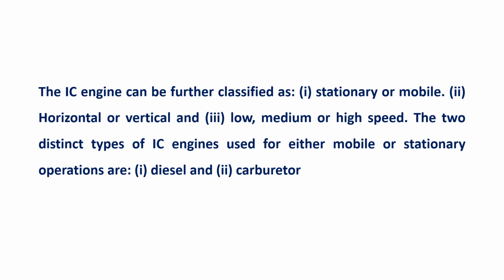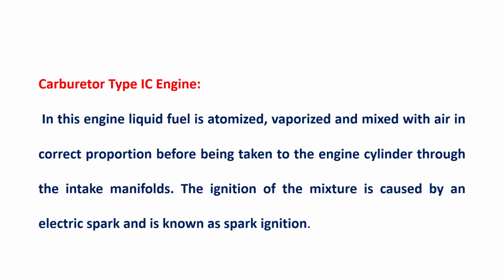In a carburetor type IC engine, the liquid fuel is atomized and vaporized, and mixed with air in the correct proportion before it is taken into the engine cylinder through the intake manifold. Then it is sparked separately. The combustion takes place by an electrical spark from an external source, and these carburetor type engines are also called spark ignition engines.